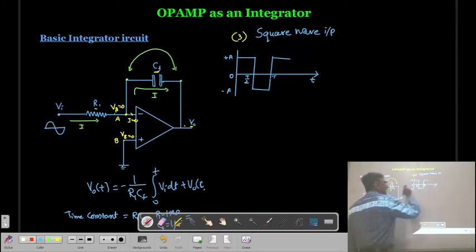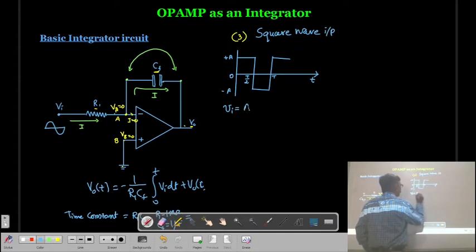If t is less than T by 2, amplitude is plus A. And if the time is between T by 2 and T, the amplitude of the signal is minus A. So here we can write that the input voltage is equal to A between the time period 0 and T by 2.